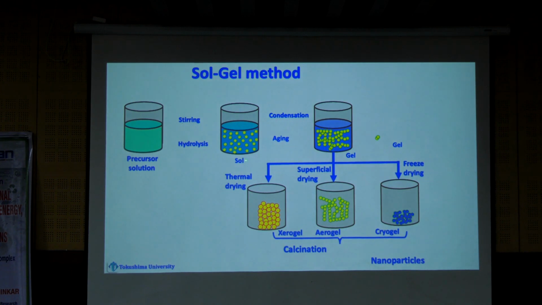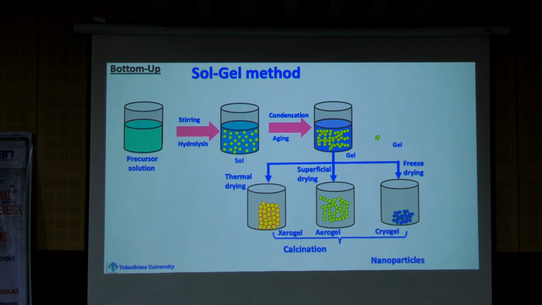You take a certain kind of solution, and with hydrolysis you can create the sol, and after that it transforms into gel, and this gel may be processed by thermal drying or different kinds of supercritical drying or freeze drying.